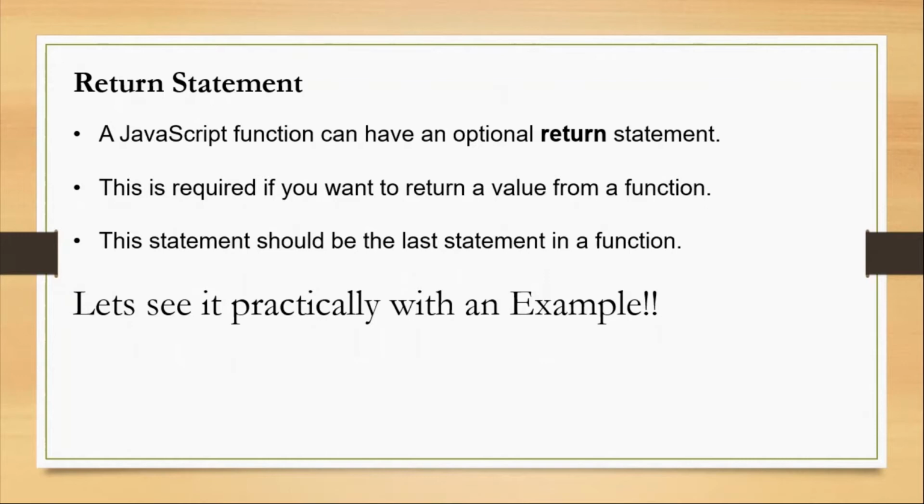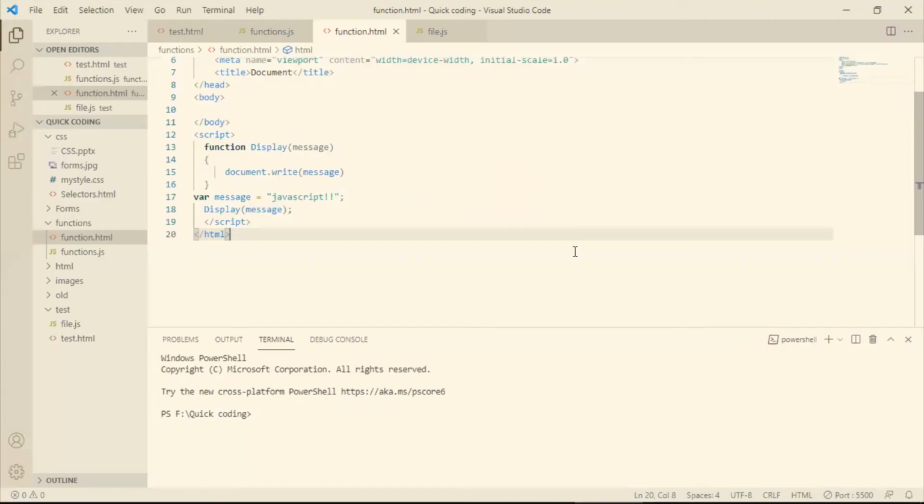Over here the return statement is optional. In certain conditions where you want to return something outside the function, you can use it. Otherwise there's no problem if you want to display it there itself in the function. The return statement should be the last statement in a function. This is something you have to remember: a return statement always comes last.